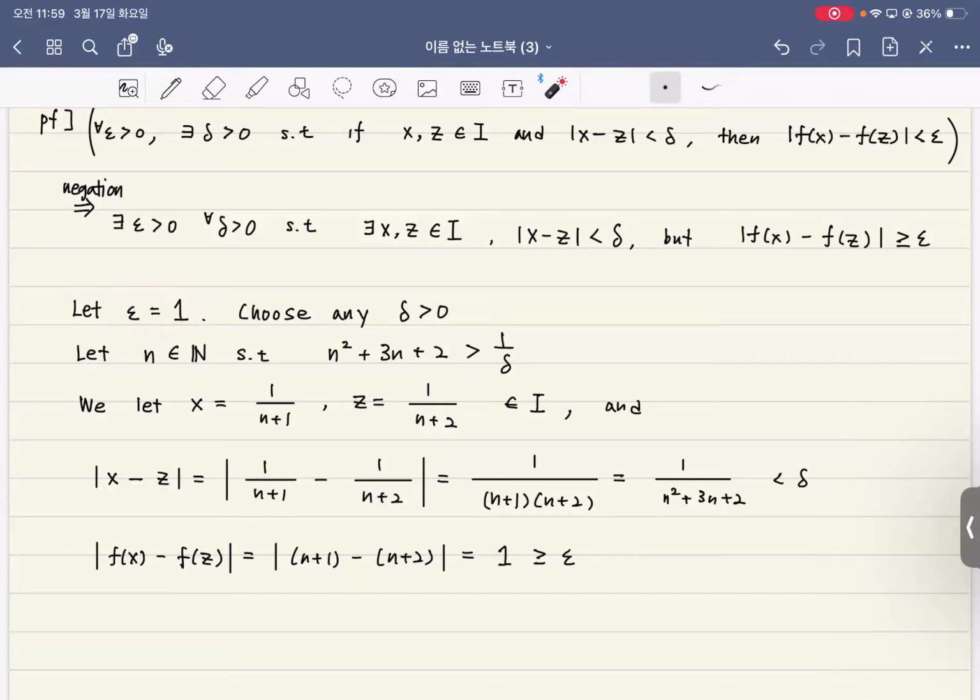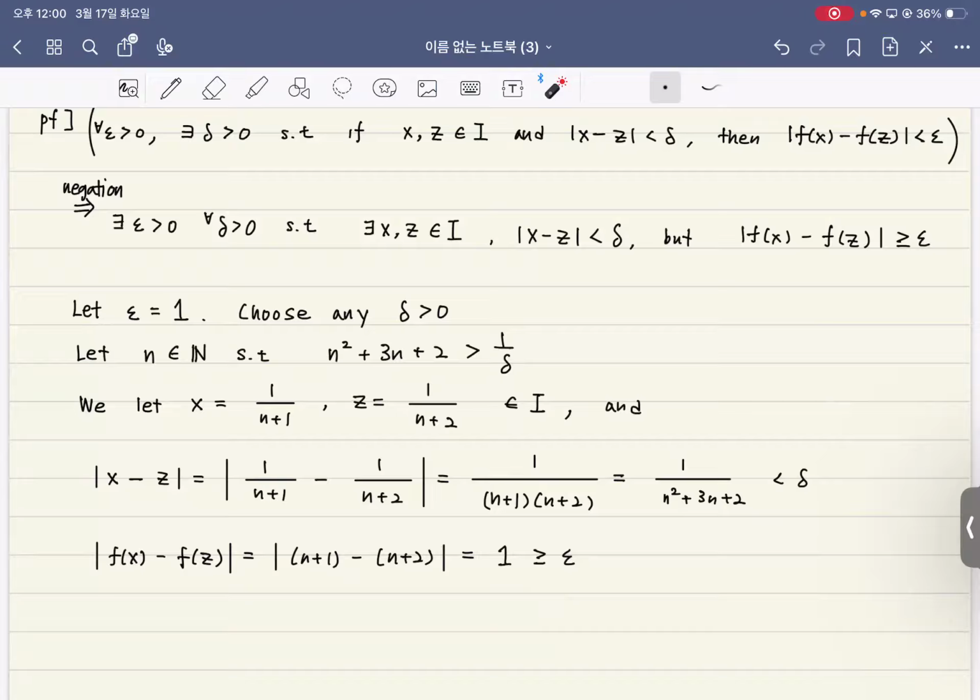So for this epsilon, no matter how small your delta is, I can still find two points, x and z, from the interval that are less than delta apart, but the difference of the function values is still greater than this number. This proves that the function is not uniformly continuous on the interval.